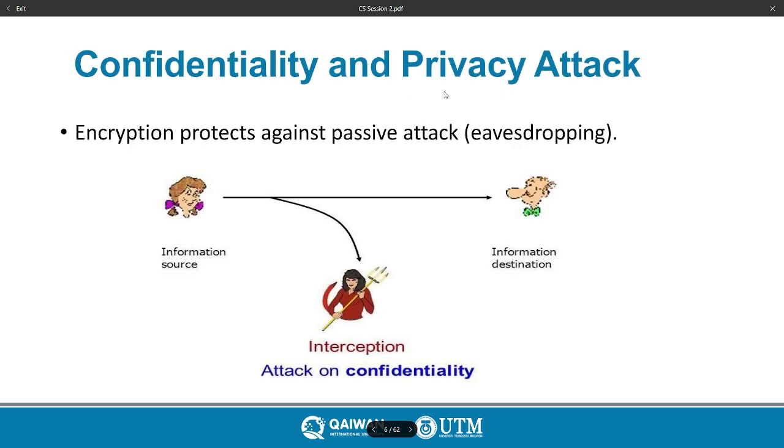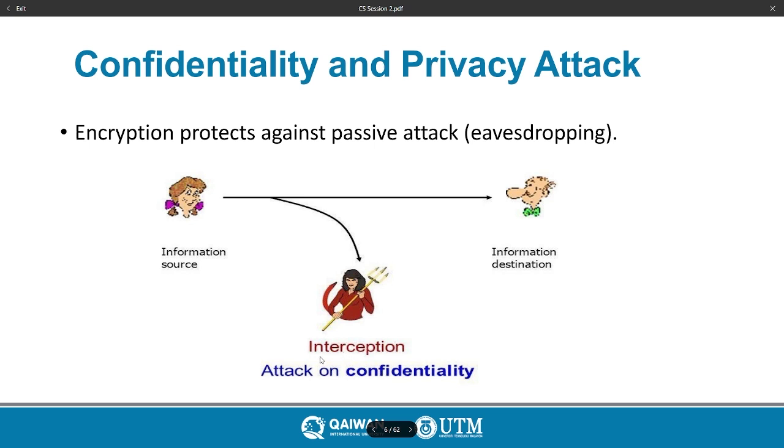Now, confidentiality and privacy attack. Encryption will protect us against passive attacks, or eavesdropping. In other words, if the information source, this girl, wants to send her lover, this boy here, a message, she wants to make sure that no one will understand or see that message, only this boy.